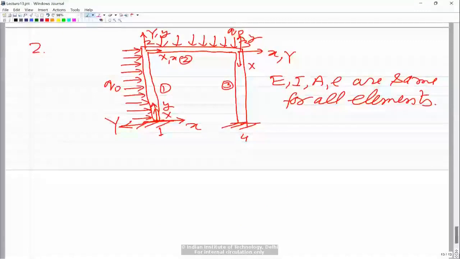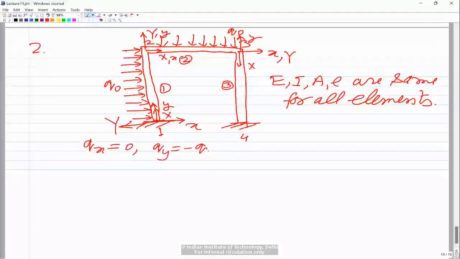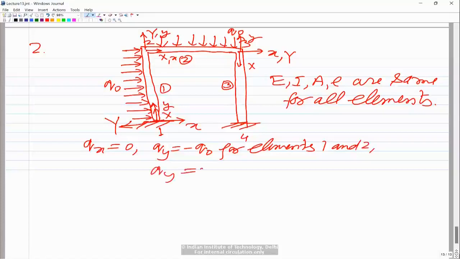And if you look at it, qx is equal to 0 for all, and qy is equal to minus q naught for elements 1 and 2, and qy is equal to 0 for element 3. So that is one.